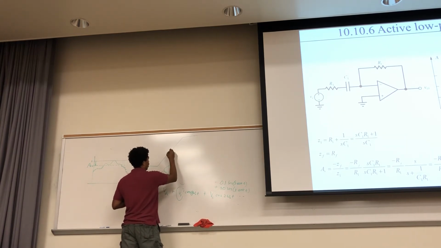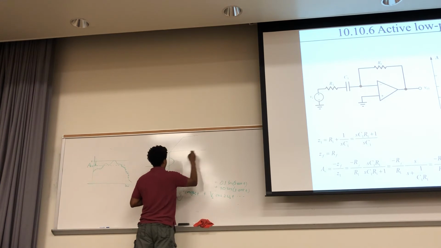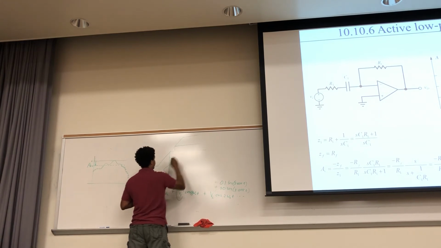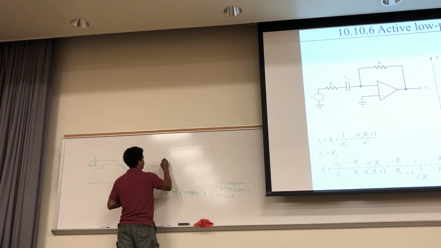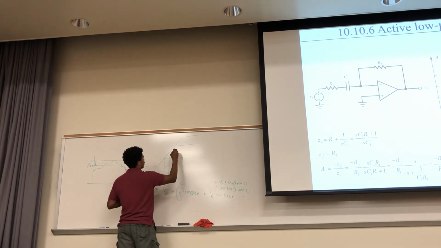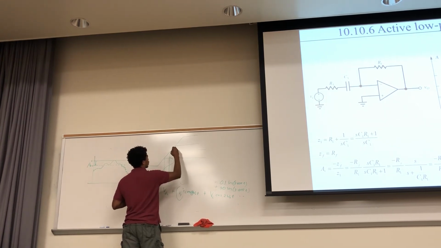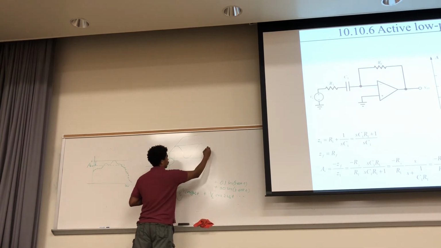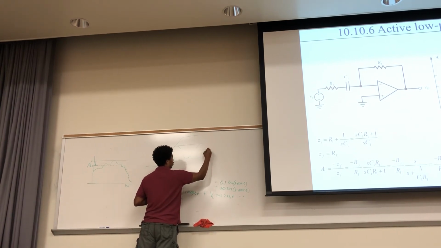And so graphically, you're just taking that and matching things up, whatever that happens to be. And then this is where you're getting your DC for your output, right?